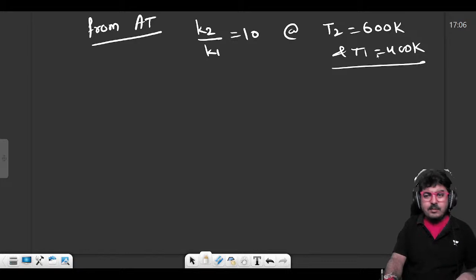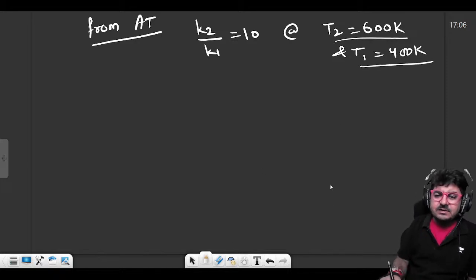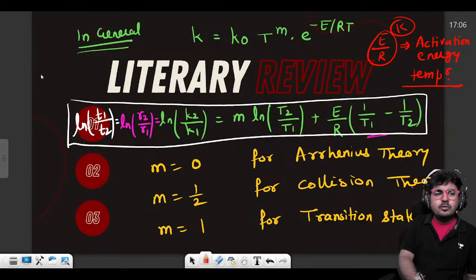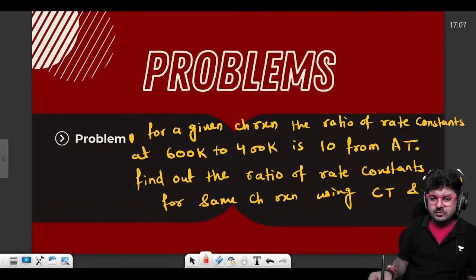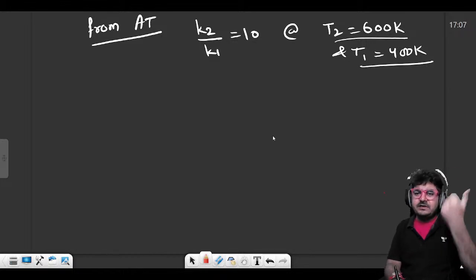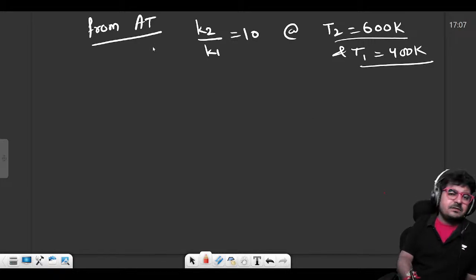Now you will ask, sir, why did you take T2 as 600 and T1 as 400? Arre baba, you guys already know these theories. As temperature increases, rate constant K increases, you know that. So the ratio is greater than 1. So obviously T2 will be the higher temperature, that is 600 Kelvin.